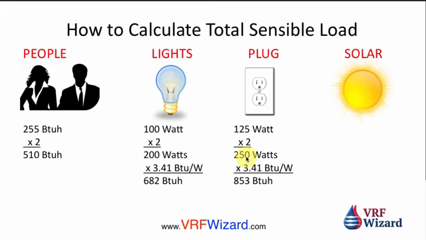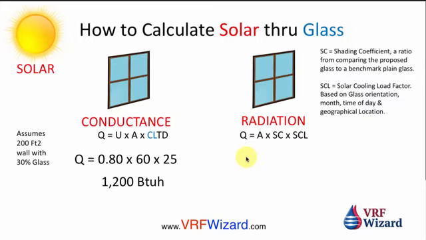To do that, we have to do a couple different calculations. So first we do the conductance. We're going to say we have a U value of 0.8, which is pretty bad. Some of the double pane and the triple pane, you can get down into the 0.3, 0.15.